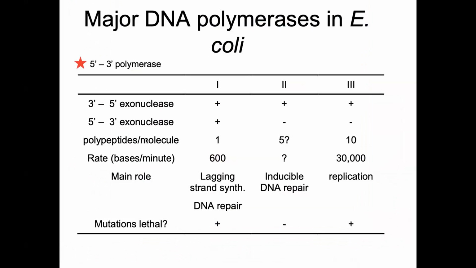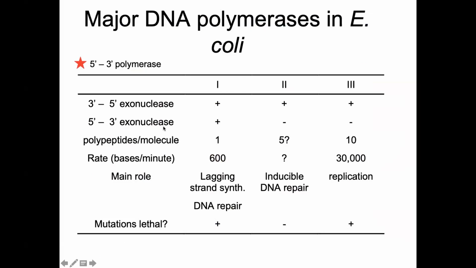Okay, so this is just a table that summarizes some of these characteristics that I've pointed out. When you compare DNA polymerase 1, 2, and 3 from E. coli, they all have the proofreading activity. They all have the polymerase activity. That's by definition what they do. And then you can see here that the Kornberg enzyme has this additional 5' to 3' exonuclease activity.